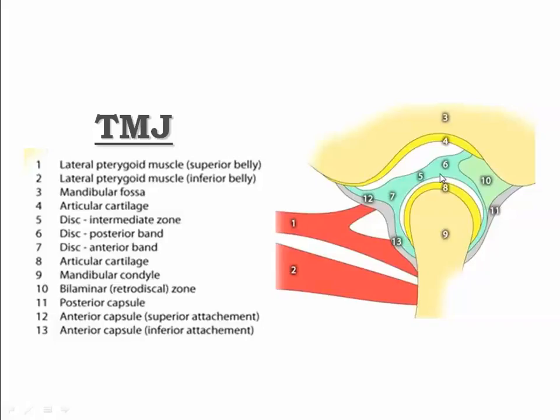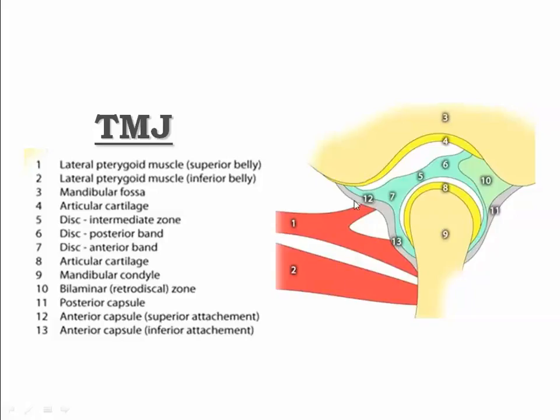This articular disc is formed of three parts: the anterior band, the posterior band, and the intermediate zone. The disc is attached anteriorly and posteriorly to the joint capsule, and also to the lateral pterygoid muscle, which has two bellies, the superior belly and the inferior belly.